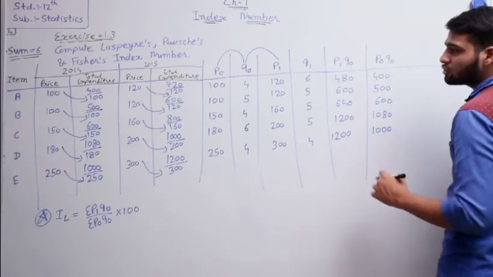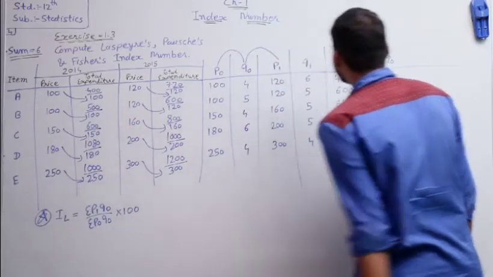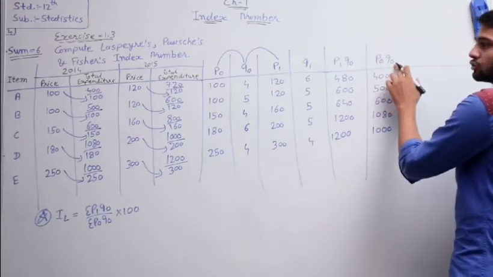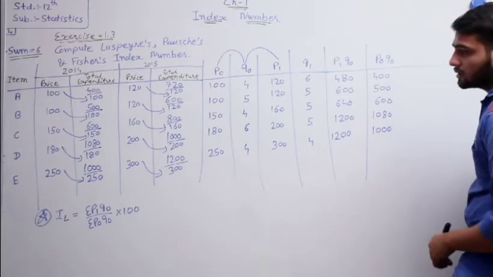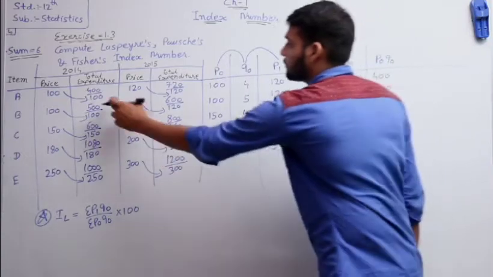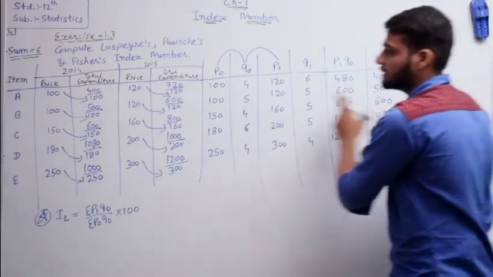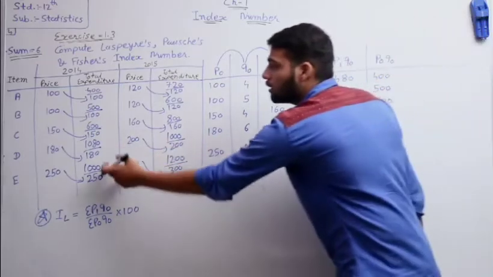Okay students, in short, our total expenditure column is P0 Q1 because both column values are similar. So 400 400, then 500 500, 600 600, 1080 1080, 1000 1000.